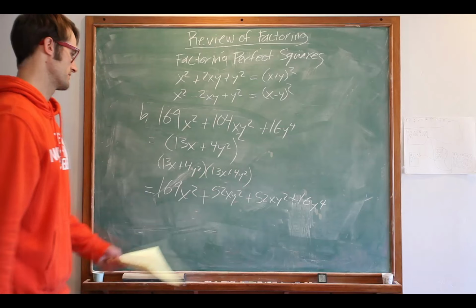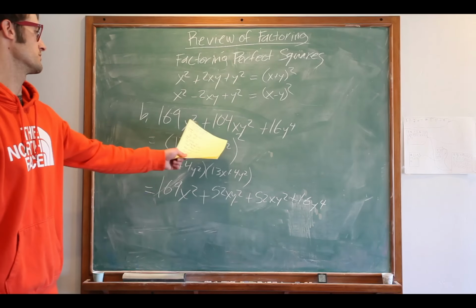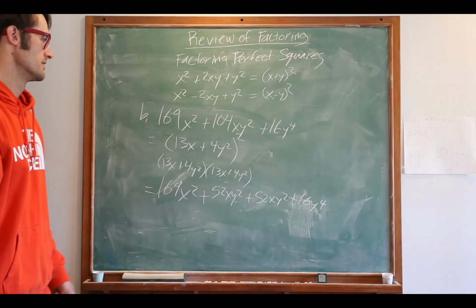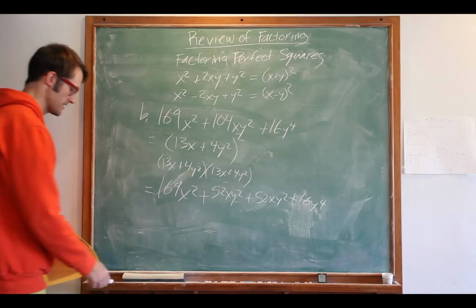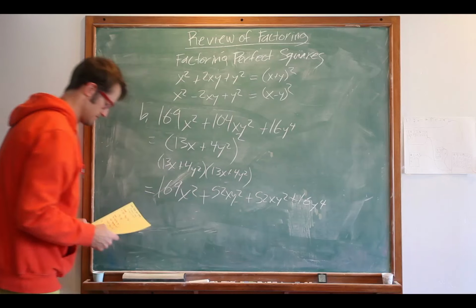And if you add 52 to 52, that's 104xy squared. 16y to the fourth, we've got it there. 169x squared, got it there. So we are correct. Great.